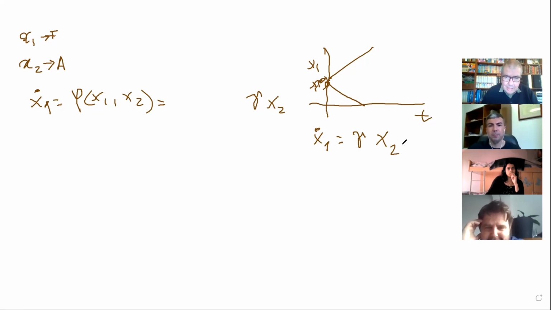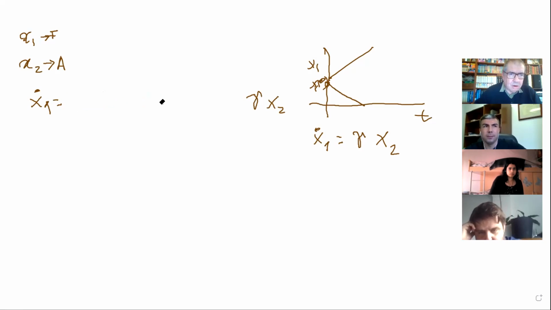Should gamma be positive or negative? Negative, because the more allies there are, the more French die. So we end up with minus some positive coefficient times x2. Let's suppose the coefficient is just 1. I take gamma to be -1, normalizing things, so -1 times x2.